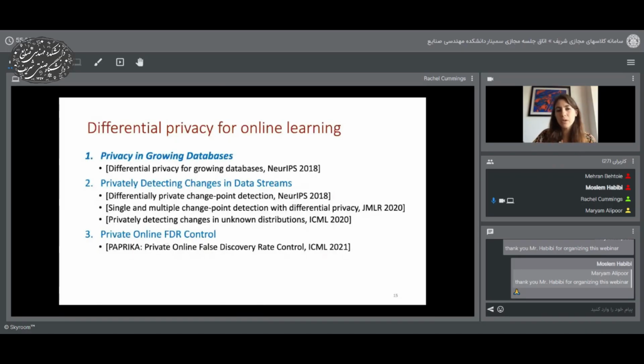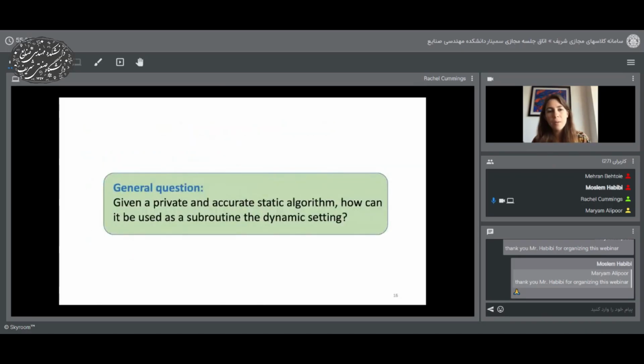So we'll start here. And the general question is going to be, given a private and accurate static algorithm, how can this be used as a subroutine in the dynamic setting? And this is inspired by the fact that we have a whole lot of differentially private algorithms that we know perform well, and they provide high quality results, and they apply only to a single fixed database.